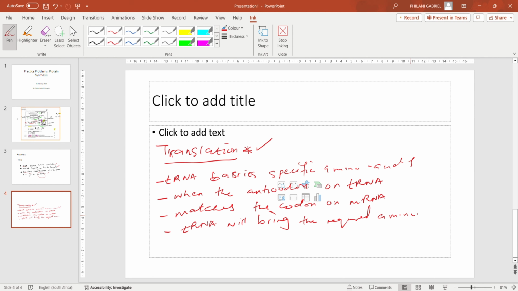Then you can continue and say that these amino acids will be bonded by a peptide bond to form the required protein.